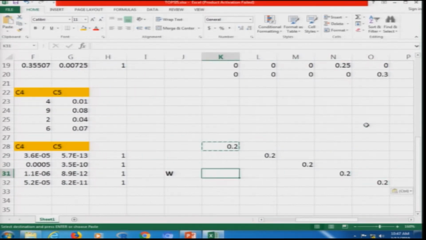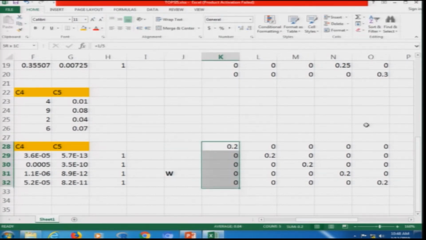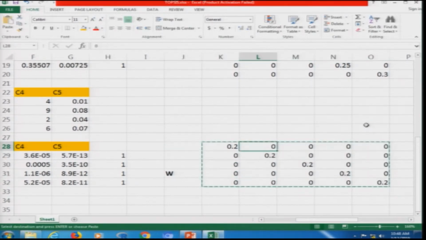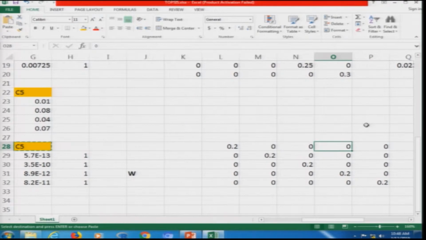So, these are the overall matrix which I have. If you want, I can shift it and write the corresponding weights. So, these are the criteria weights which I have.